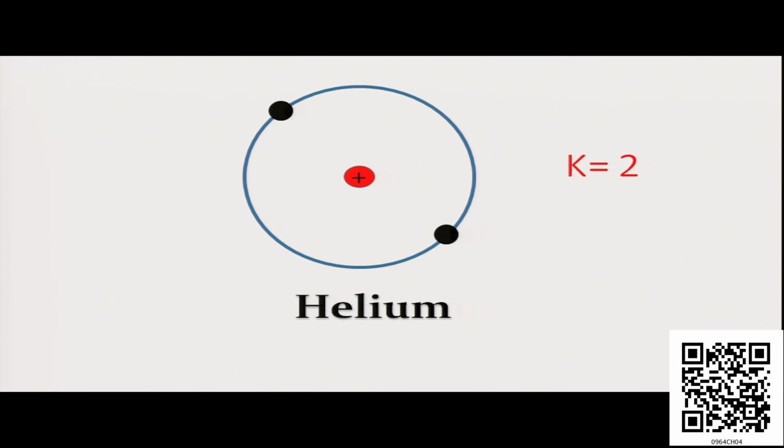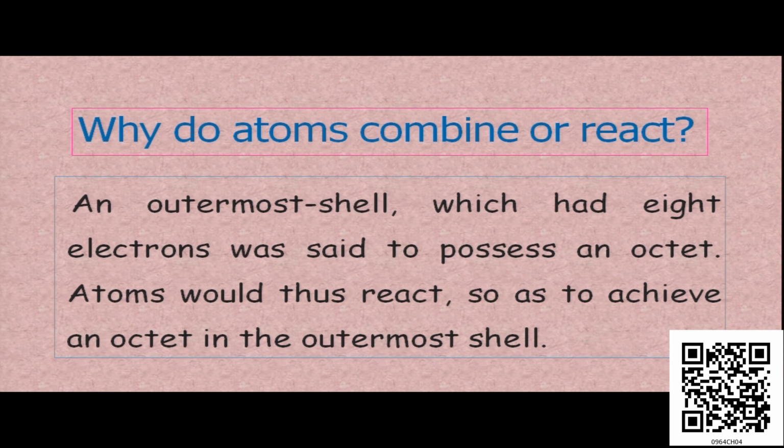Looking at all this arrangement, as in neon and argon, other elements also try to achieve this octet in their outermost shell by combining with atoms of other elements. So now you know the reason why atoms combine or react to form molecules or compounds.